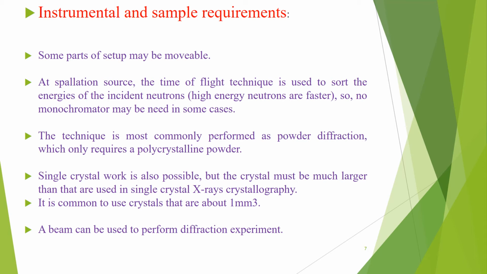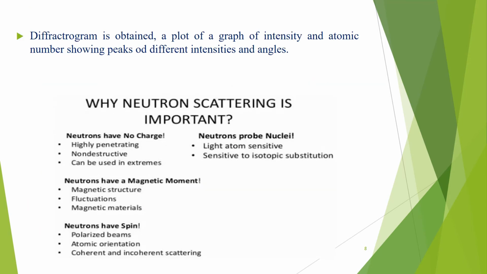A beam can be used to perform a diffraction experiment, and impinging on a crystal sample, it will scatter under a limited number of well-defined angles. According to the same Bragg law that is used to describe X-ray diffraction, neutron diffraction also takes place at well-defined angles.